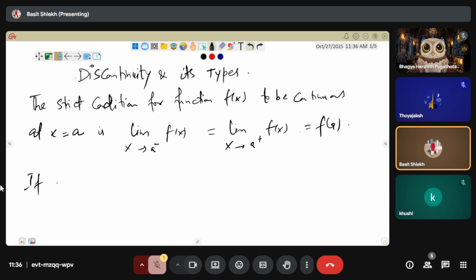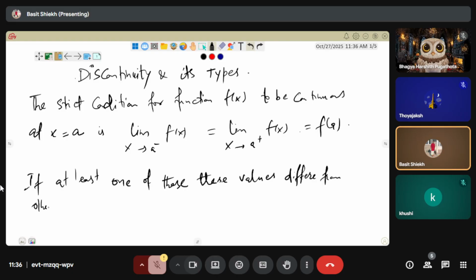If at least one of these three values differ from others, or at least one of them does not exist, we have discontinuity.